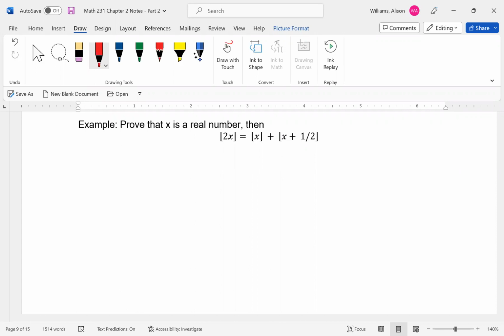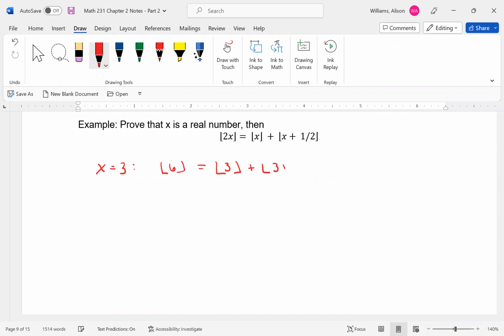All right, let's look at an example really quick of this. Let's let x equal 3. Okay, and this is not my proof, but I'm just going to kind of write this down just to kind of give myself a second. So if x equals 3, that means we're saying that the floor function for 6 equals the floor function for 3 plus the floor function for 3.5, right?